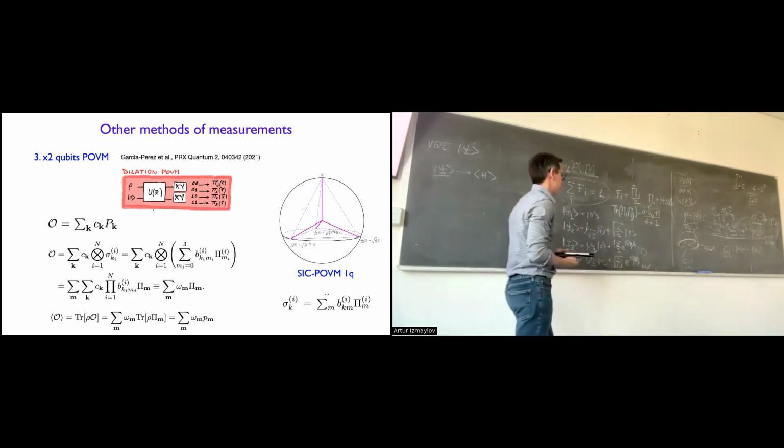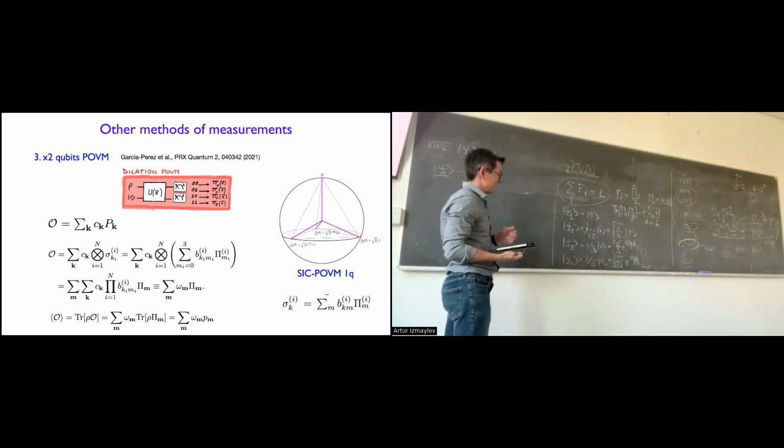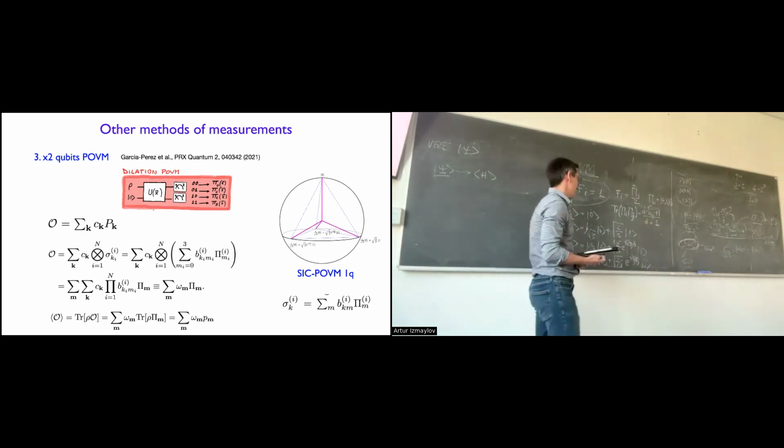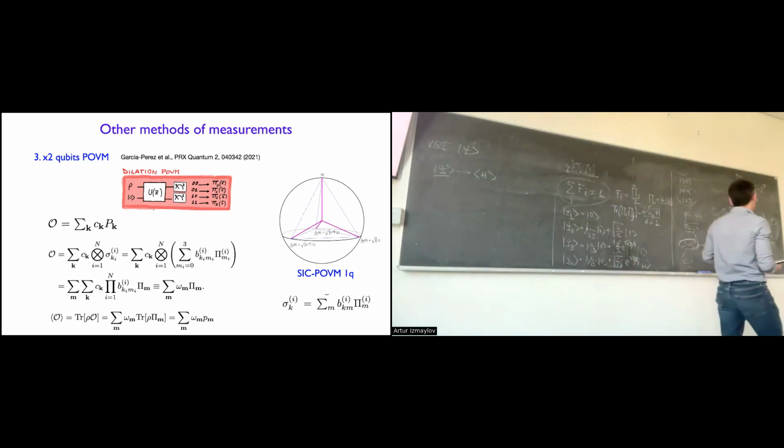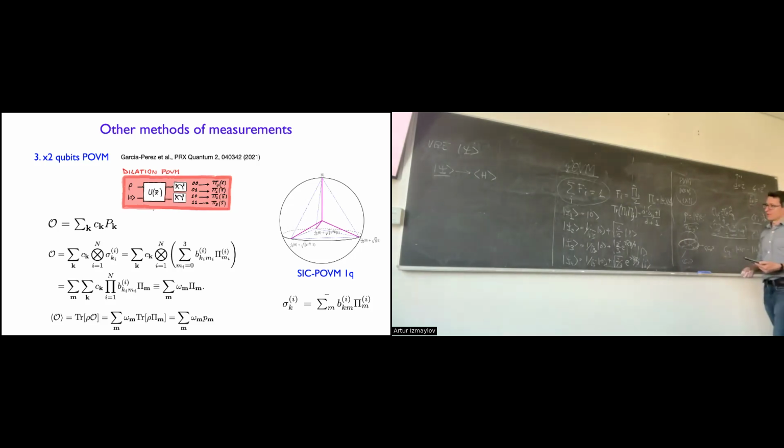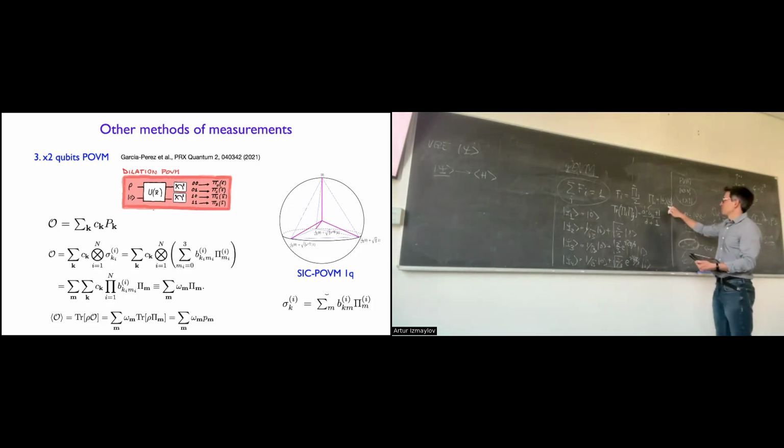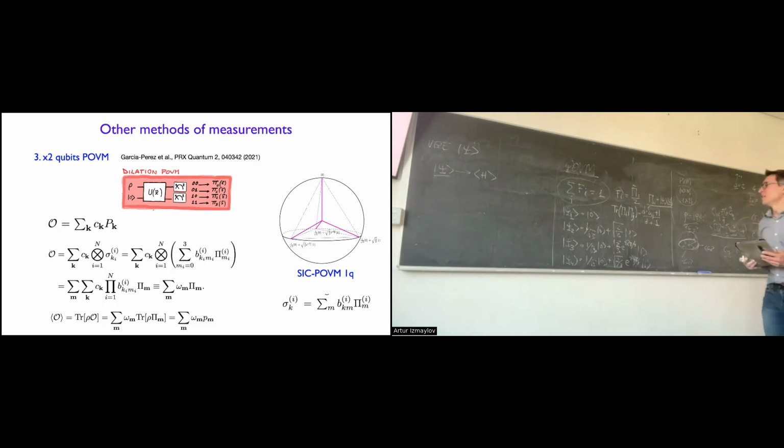These are conditions that allow you to recover the one qubit state after measuring with these 4 projectors. You could recover all the Pauli matrices.